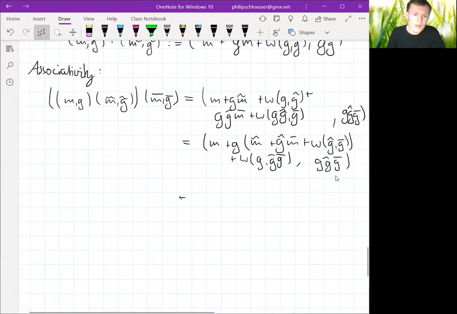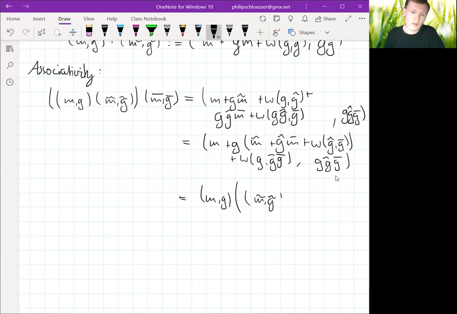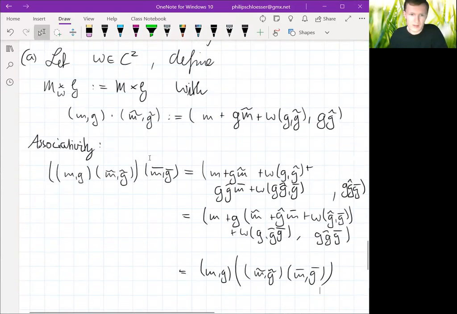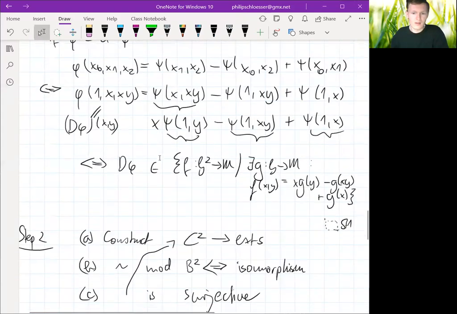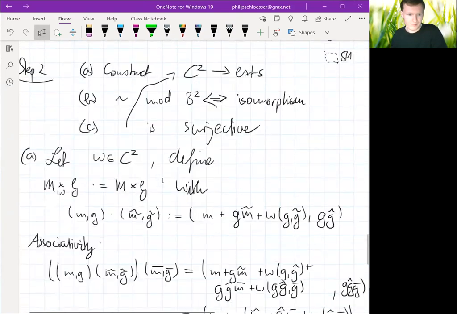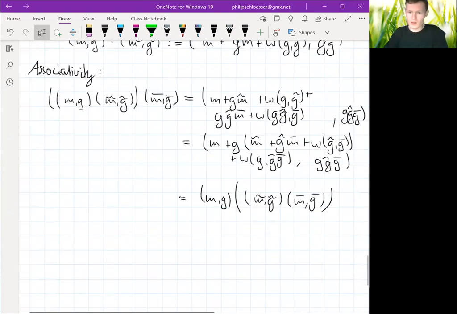And this is now, after a couple of steps, equal to the same product but associated the other way. So we can see that the associativity of the product is essentially due to this weird looking condition on our co-cycle, this condition up here. Then we want to have a neutral element.